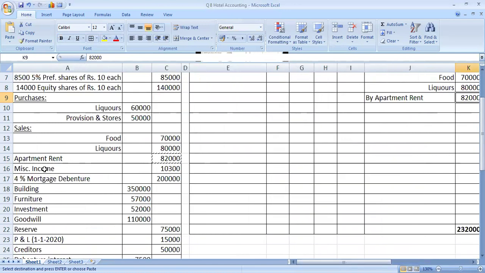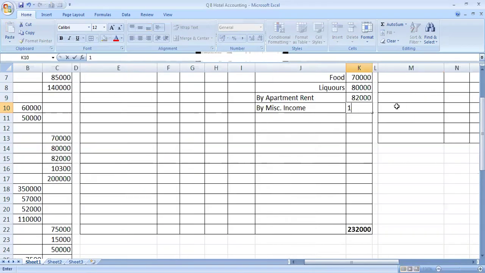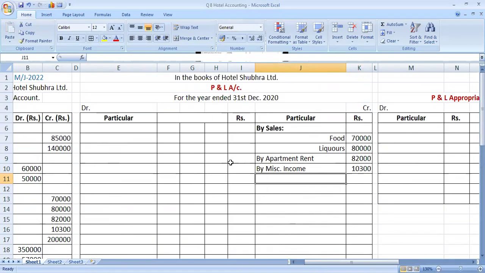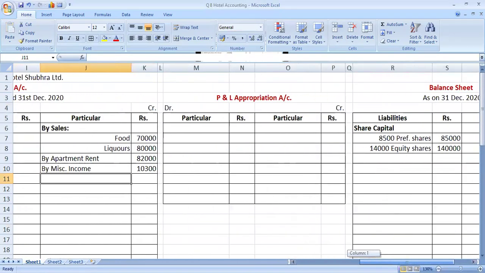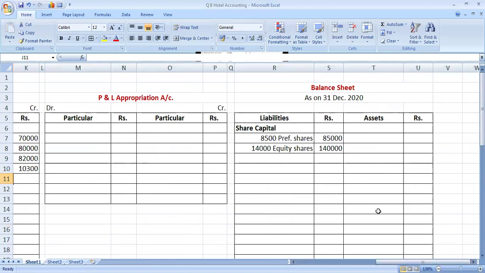Next, miscellaneous income. This one is also income, hence profit and loss account credit side, by miscellaneous income 10,300. Next, 4% mortgage debenture. Mortgage debenture means this is part of liabilities under the heading of secured loan.